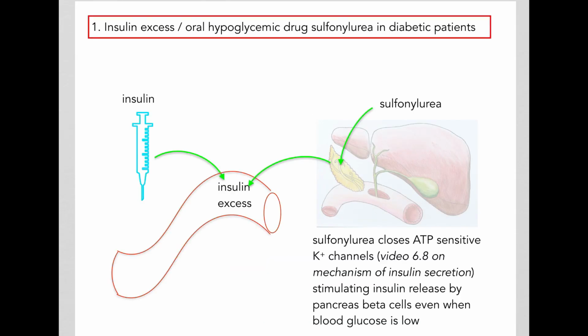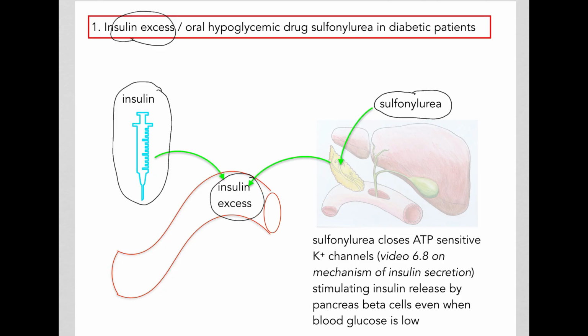Now, since insulin decreases blood glucose, excess insulin, which can come from diabetic patients if they injected themselves with too much insulin, or diabetic patients who take this drug sulfonylurea, that can cause excess insulin in the blood, and that can lead to hypoglycemia.